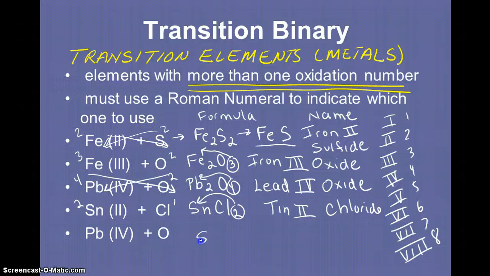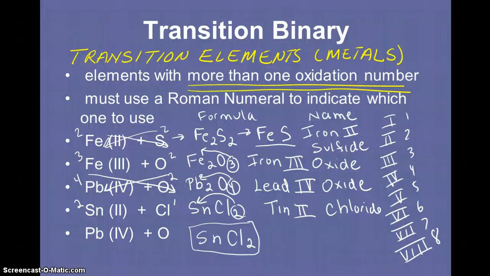Say I have this written down all by itself, and I said, please write me the name. The first thing you would look at is, is it ionic or covalent? Because with covalent, we'll start using prefixes. This is a metal and a nonmetal, so bam, right away, you know it's an ionic compound.